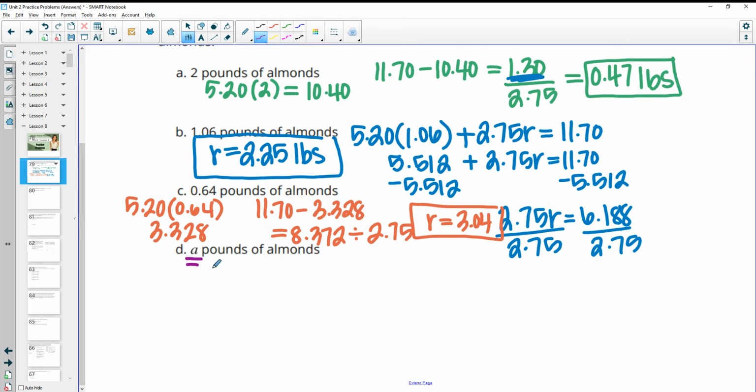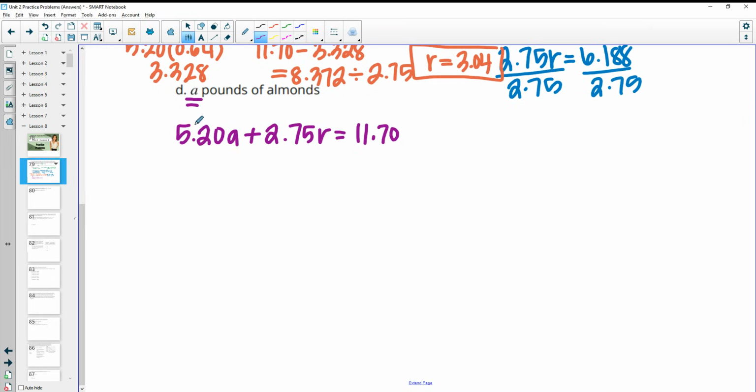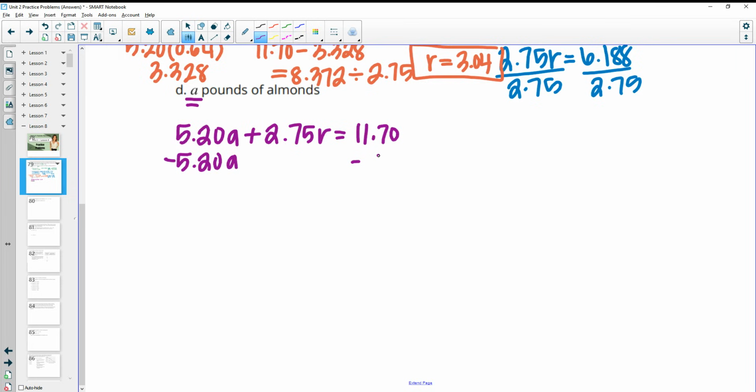Now in this last one, they put just A, pounds of almonds. That means we're actually not going to plug in a number. We're just going to take the equation as is, and solve it for R. So we'll take this minus 520A from both sides, which is basically taking the total minus the almond cost.